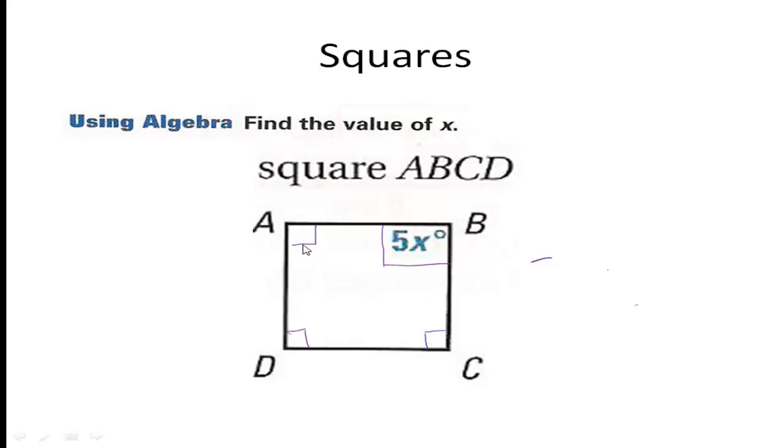So this angle is 90 degrees, this one is 90, this one is 90, this one is 90. If this angle is 90 and it's also 5x, then I can write that 5x has to be equal to 90. And then I solve for x. Divide by 5 on both sides, and x is equal to 18.